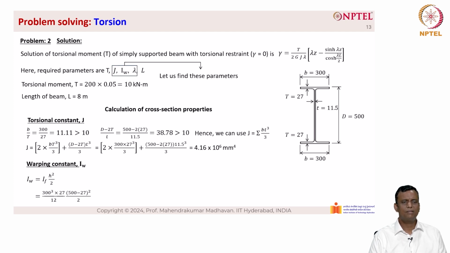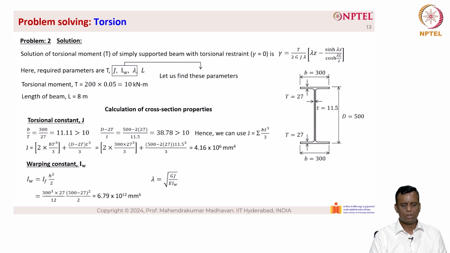Here 27 is the flange thickness, so you have to subtract 27 by 2 at the top and 27 by 2 at the bottom. So this becomes 500 minus 2 into 27 by 2, divided by 2, that becomes 500 minus 27. So this value is equal to 6.79 into 10 power 12 millimeter power 6.